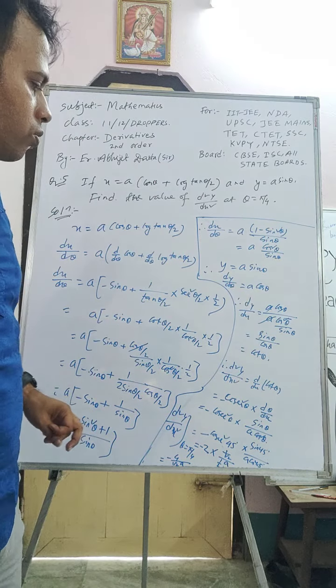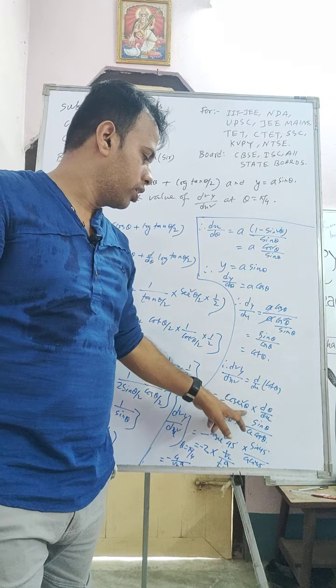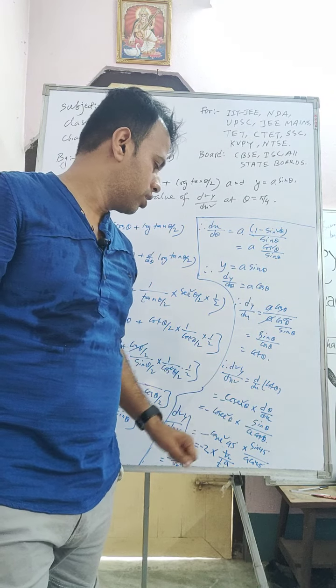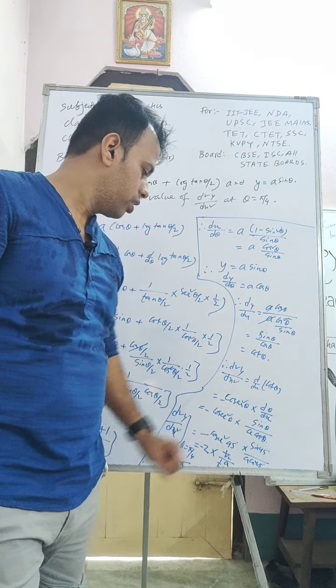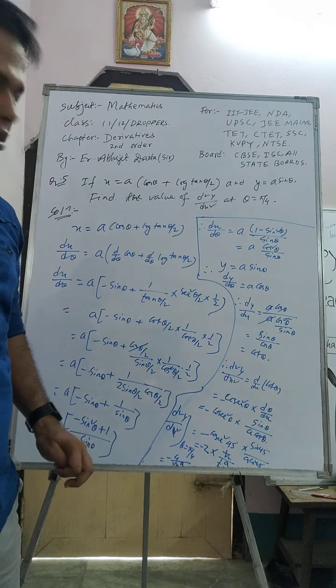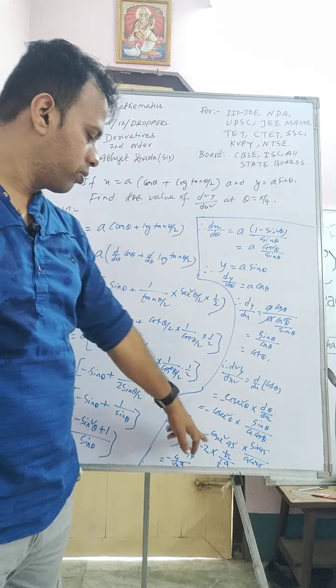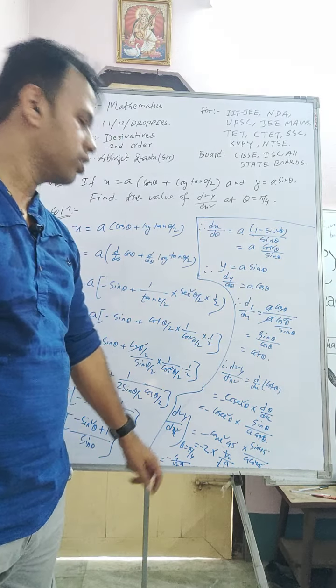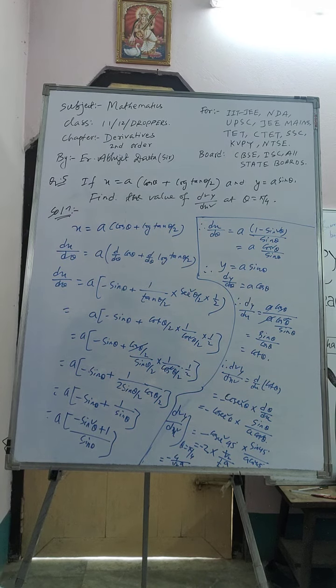Therefore d square y by dx square equals d by dx of cot theta, so it is minus cosec square theta into d theta by dx. Now I put the value of dx by d theta here, sin theta by a cos square theta, and after that I put the value of theta as pi by 4, and after simplification this one came out. So I hope this type of question you understand.